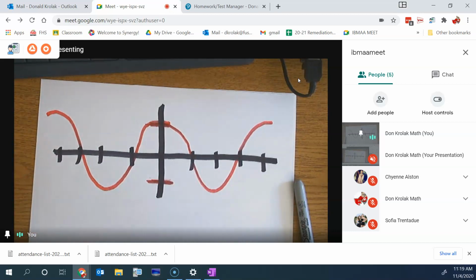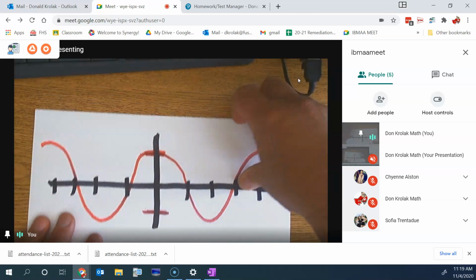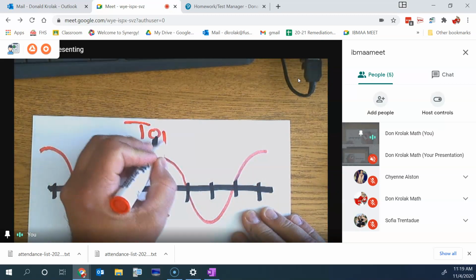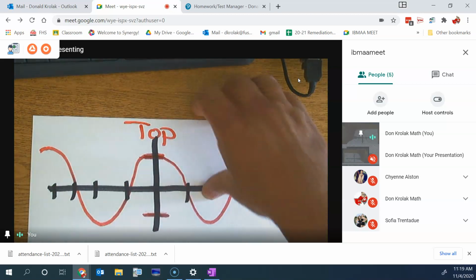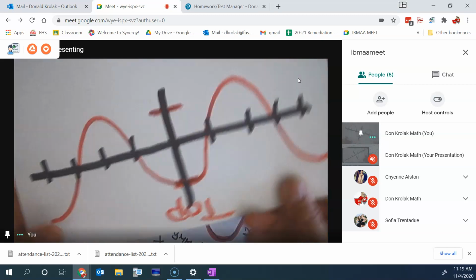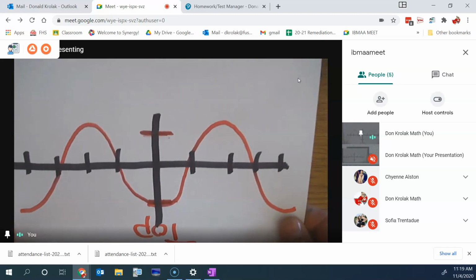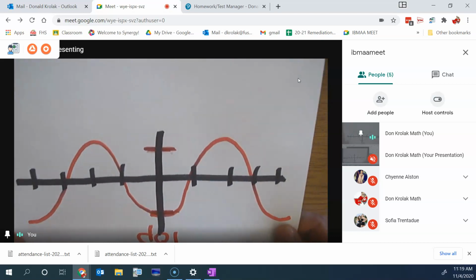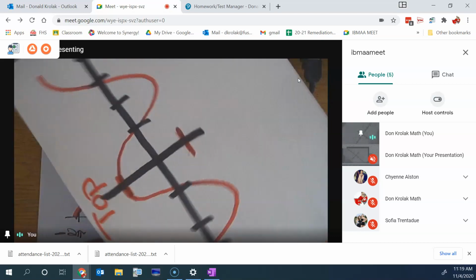Now, if I take that, here's the top of my paper, and I spin it around the origin, is it going to look the same? Nope, doesn't look the same. So cosine is not symmetric with respect to the origin.